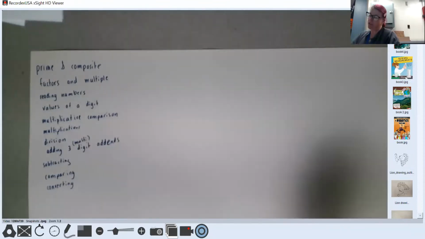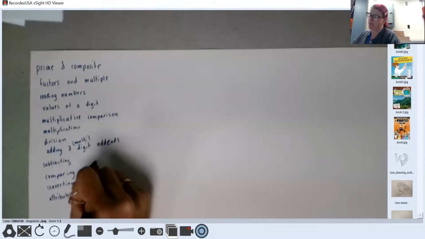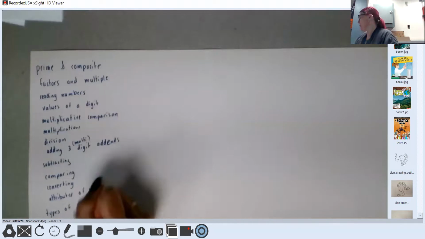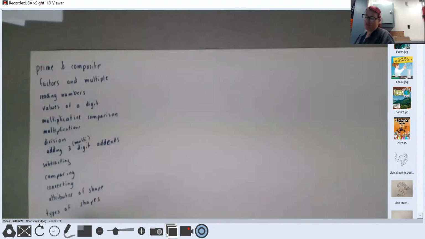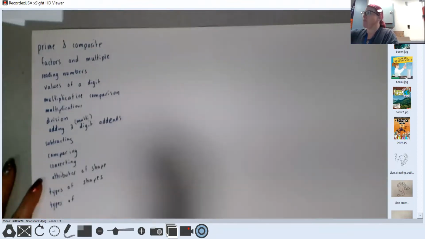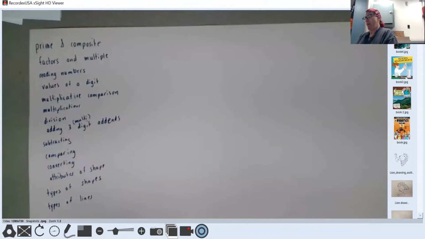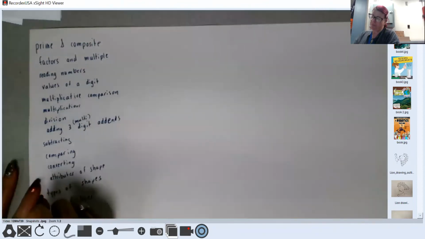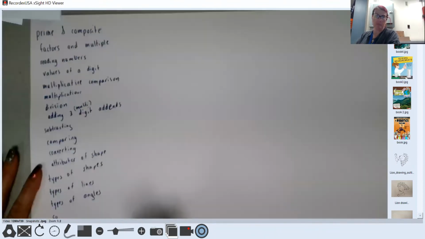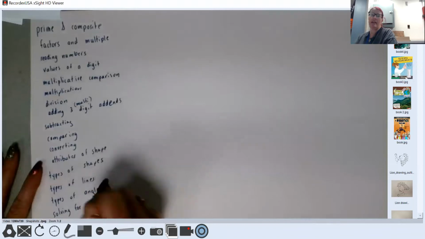Oh, attributes of shapes, types of shapes, types of lines, types of angles, solving for angles. All right, and that's just a few of them.